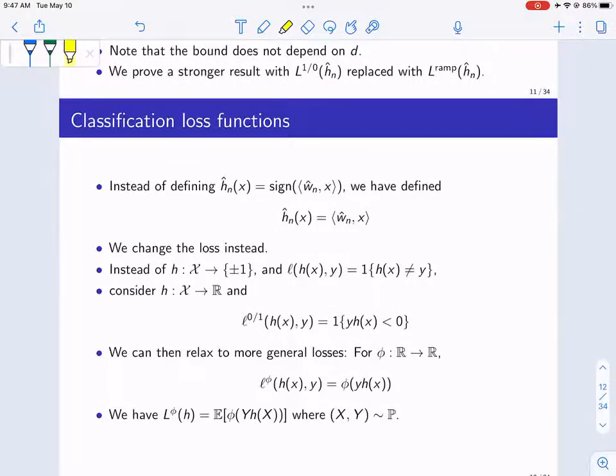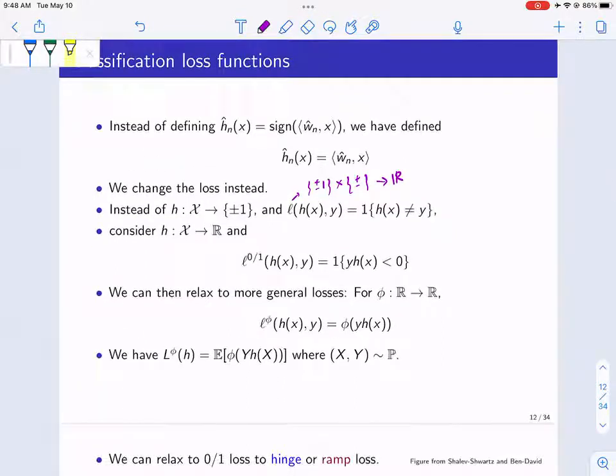Instead of having the loss be L of h(x) and y be the indicator of h(x) not equal to y, which is over plus minus 1 cross plus minus 1 to R, we actually redefine it to be from R cross R to R. So we change the definition of the classifier.